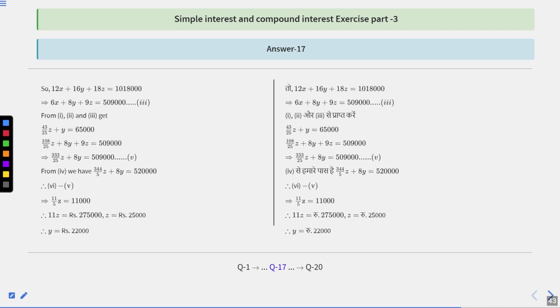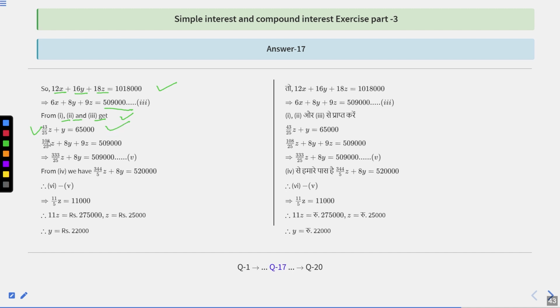So 12X plus 16Y plus 18Z is equal to 10,18,000. Clear? For solving this, we get 6X plus 8Y plus 9Z equals 5,09,000. This is our equation 3rd. From equation 1st, 2nd and 3rd, we get 43 upon 25 Z plus Y equals 65,000.